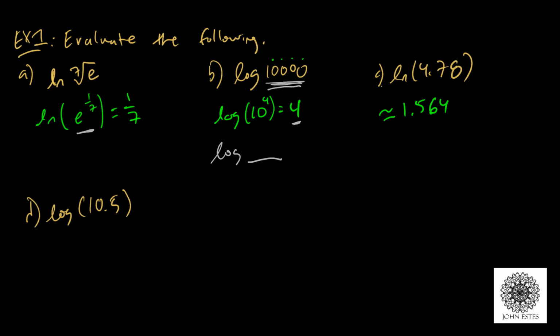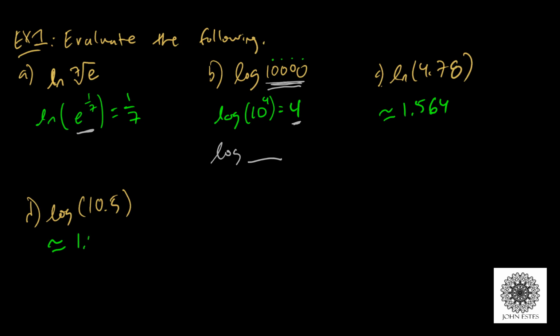Now part D, I'm plugging in log of 10.5. Now let's think for a second. What power of 10 is 10.5? I don't know exactly, but it's a little bit bigger than 1 and it's less than 2. So I believe this answer is going to be somewhere between 1 and 2. And when I plug 10.5 into the log function in my calculator, and again, you might have to type in 10.5 then hit log, or you hit log and then 10.5, make sure you get this answer.